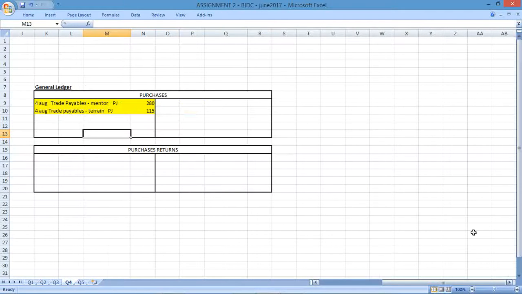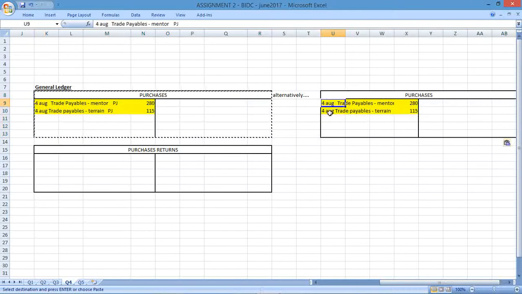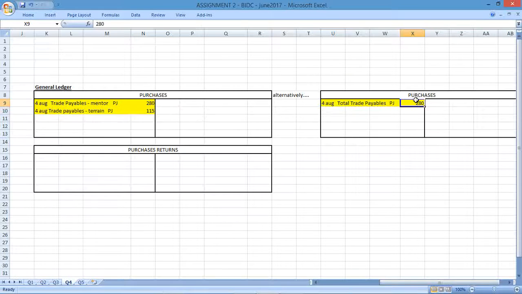So just to show the alternative, you could have shown this. You could have shown one amount, total trade payables, and I would just show one amount of this amount plus that in that particular general ledger account.